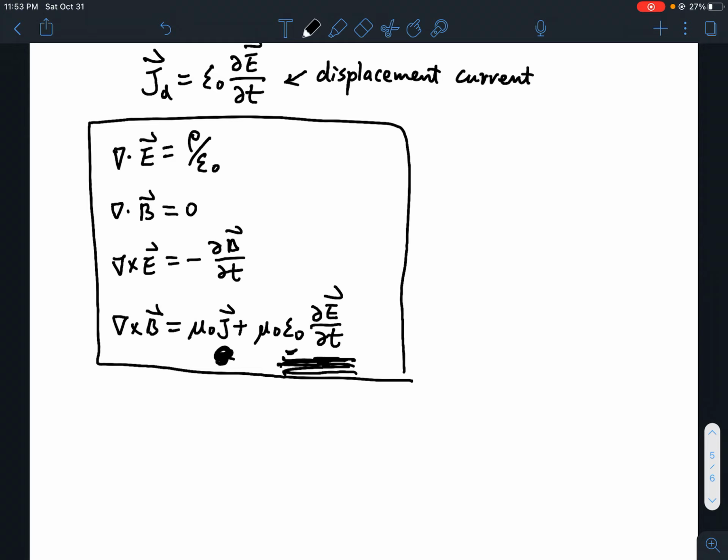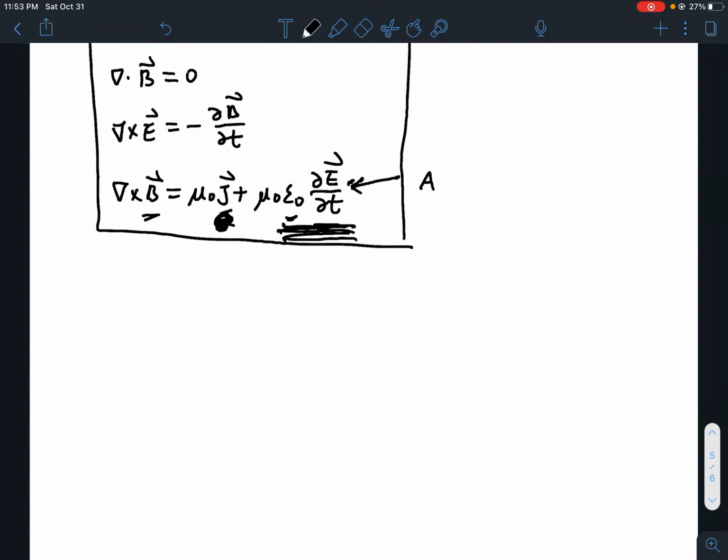However, let us say J is 0 and E is non-zero and changing. We found that it indicates that when E is changing, it induces a magnetic field. This is really very important.